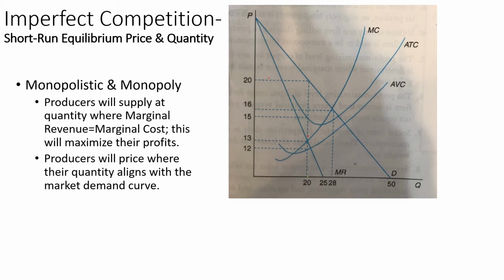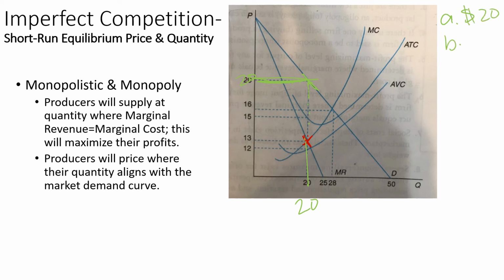We already figured out that we are going to produce where MC equals MR, so we're going to produce at 20. Then we're going to follow that up to the price that intersects the demand curve, which is over here at $20. So A: what price is charged by the monopolist in order to maximize profits?